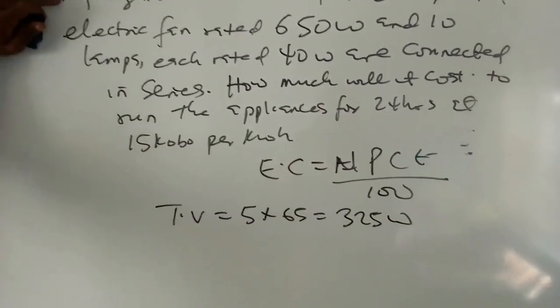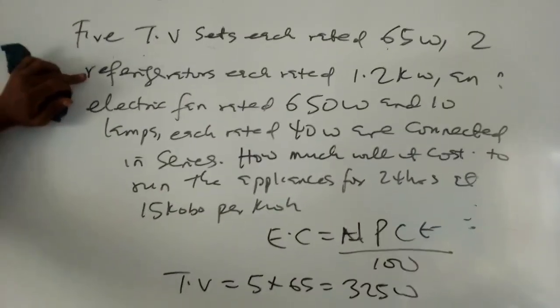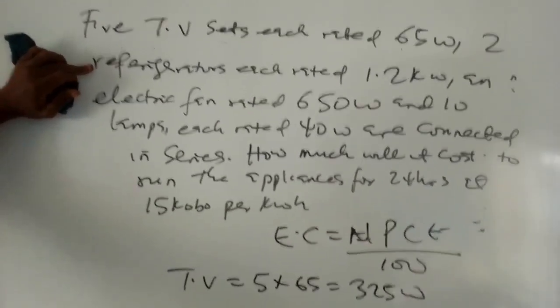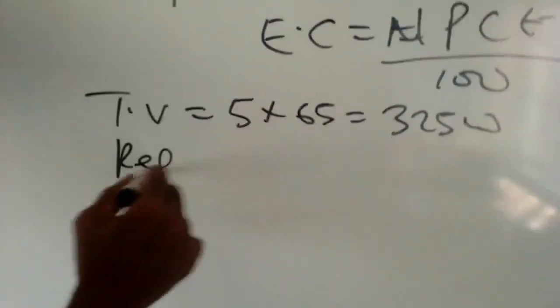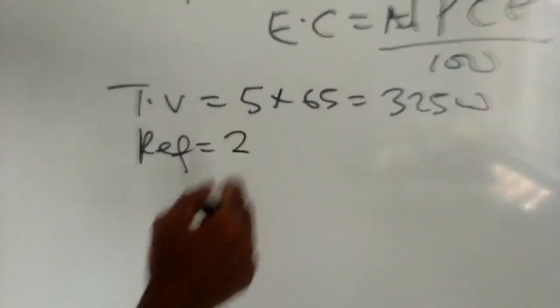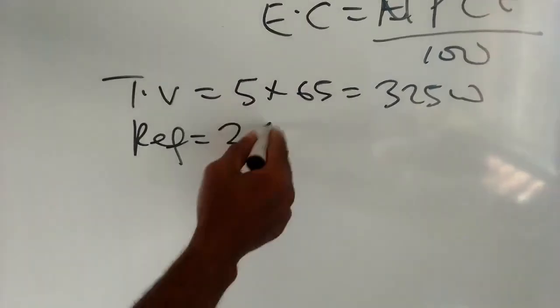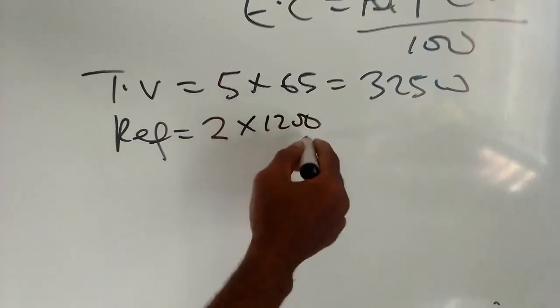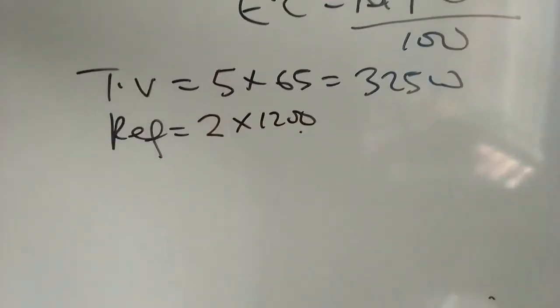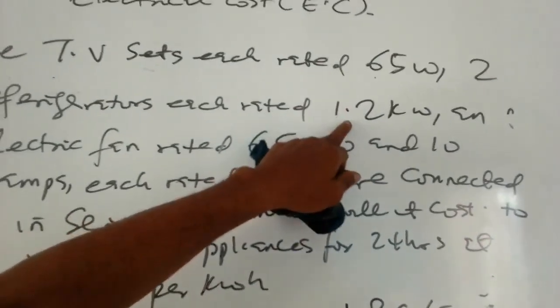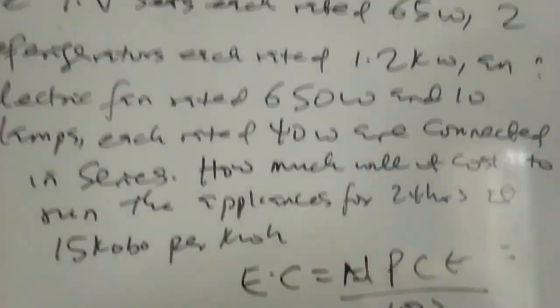2 refrigerators, each rated 1.2 kilowatts. So the refrigerator total power now becomes 2 of them, then 1.2 is 1,200 watts because 1,000 watts make a kilowatt. You have to convert this to watts. Multiply by 1,000, you have 1,200.